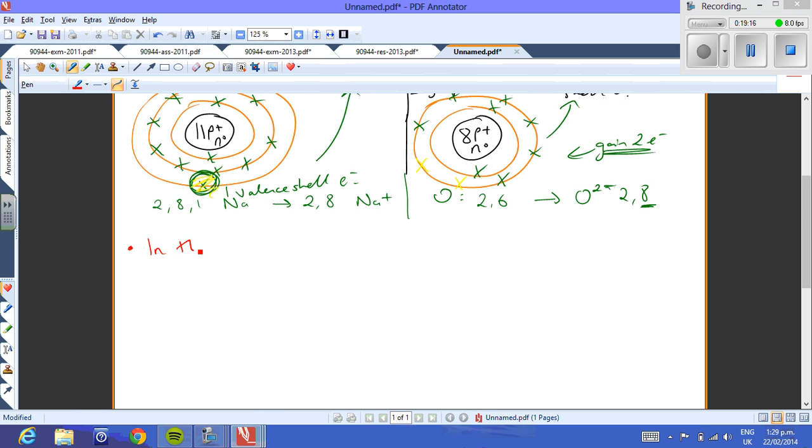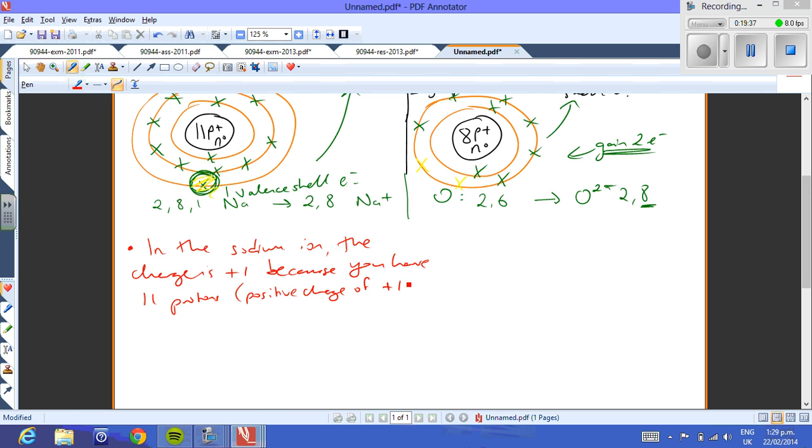In the sodium ion, the charge is +1 because you have 11 protons with a positive charge of +11 and only 10 electrons with a negative charge of -10.